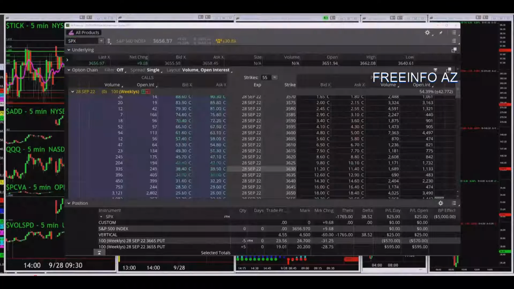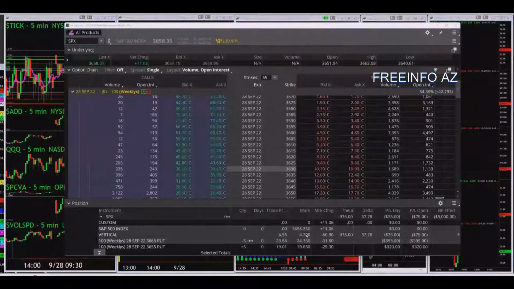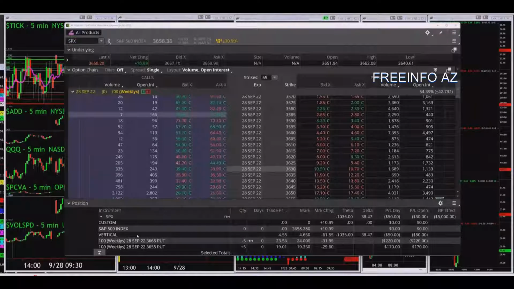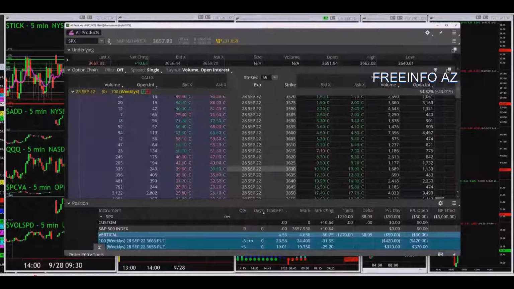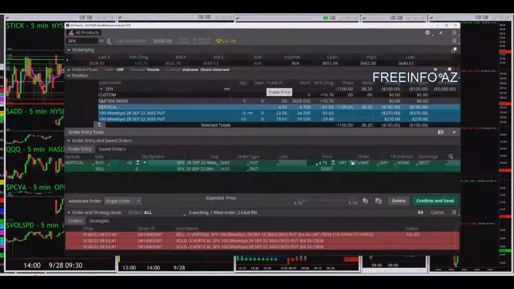We can round that down. Okay, so initially our credit is 455. You might get a little bit better credit than I did. 40% of that would be 455 times 0.6, which is 273. You can round that up or down a nickel, however you want to do that. I'm just going to put 270.